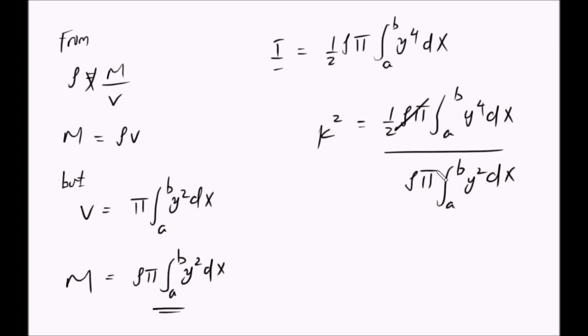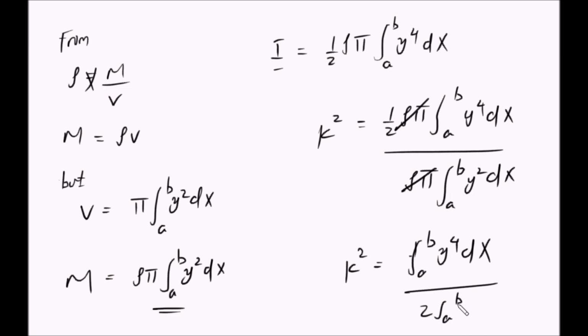So rho and pi are constant, they cancel. So the square of the radius of gyration now is going to be, integrate from a to b y power 4 dx over, there is this 2 here, so we put it below, integrate from a to b y squared dx.